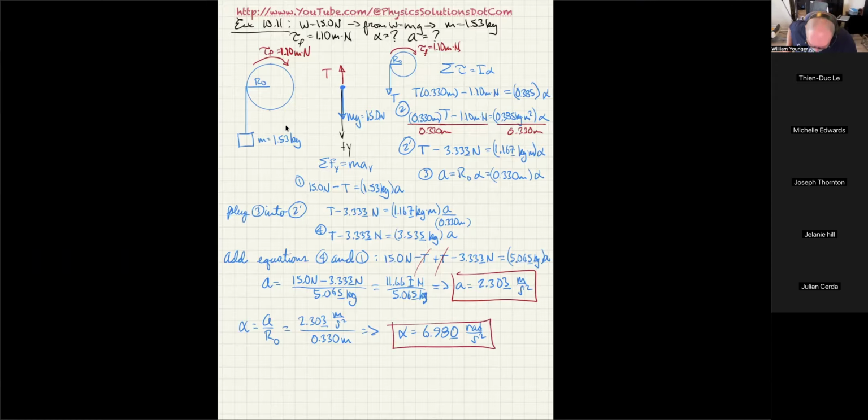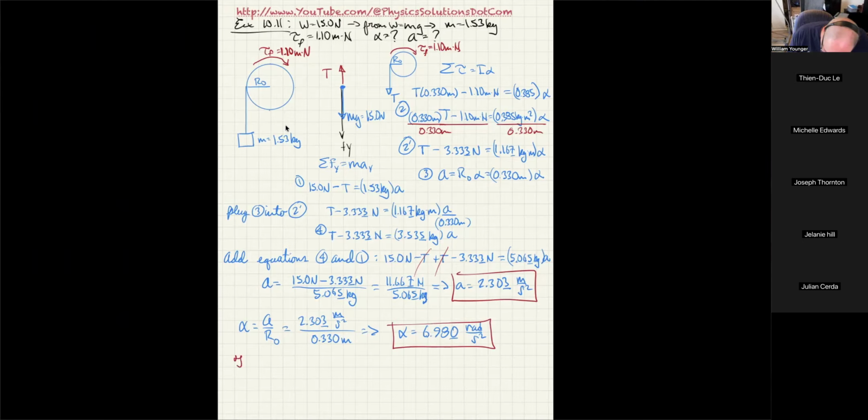They didn't ask us for the tension, but of course we could always calculate that. If we wanted to, I would probably take equation one, equation one will be fine.